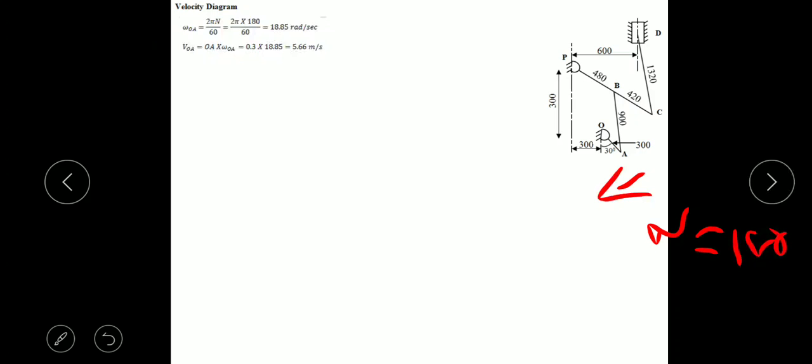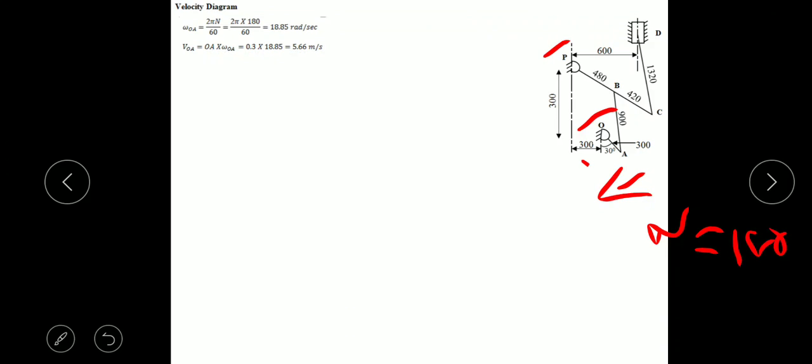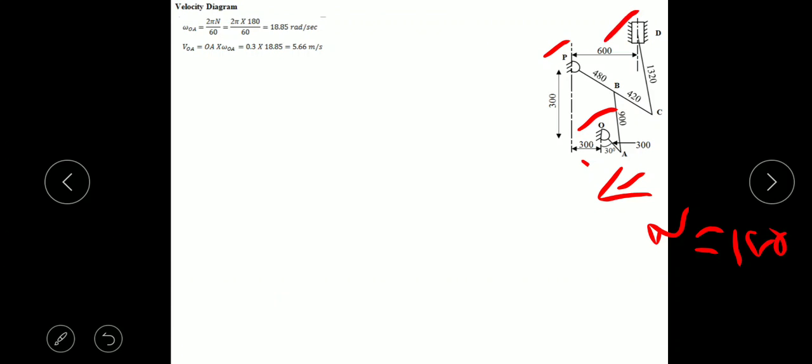So first of all, we will take the fixed points as constant or zero velocity. Here the fixed point is O, P, and here also there is a fixed point. You can see that there is a point, but the name is not mentioned. So I will take this point also as O. If you want, you can add another letter, but here I am only taking O since that's a fixed point.